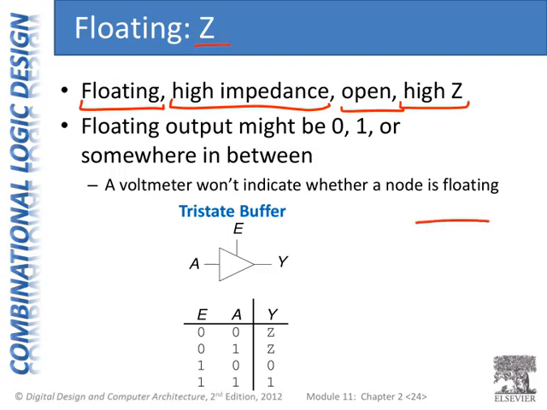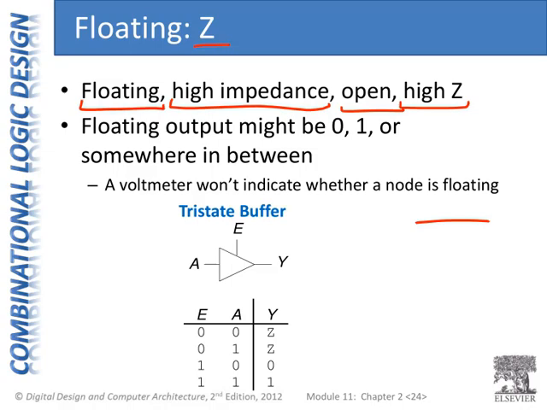Here's an example. Say I find a wire lying on the floor. What's the voltage of that wire? Is it 5 volts? Is it 0 volts? Is it 5,000 volts? Well, it's probably not 5,000 volts, hopefully, because that wouldn't be fun to pick up. But here's this wire, and it's floating. It's not being driven by anything.